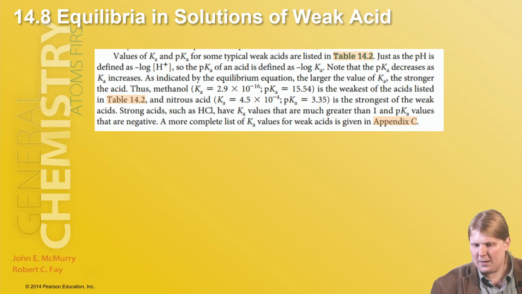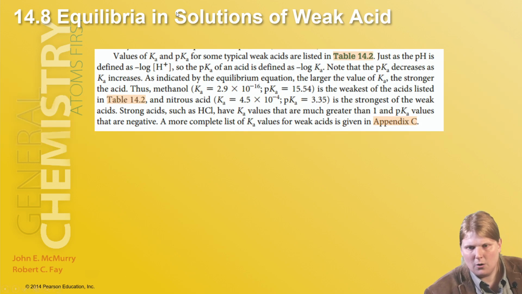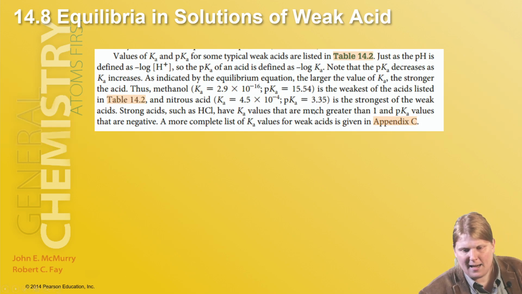So the smaller the pKa, the stronger the acid. And some pKa's even go negative, which means they have a really positive value for their exponents and their Ka's, and so that'll mean they're even stronger. So small value for pKa means a stronger acid, and a larger value for pKa means it's a weaker acid. So sometimes you'll see them ranked that way.